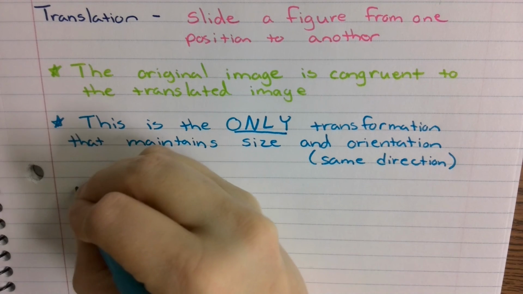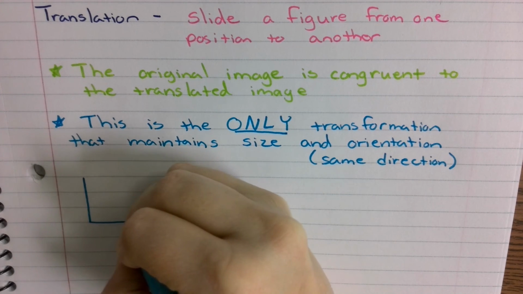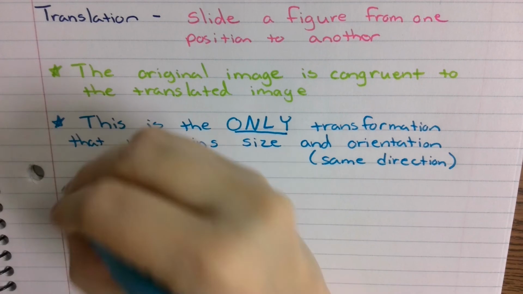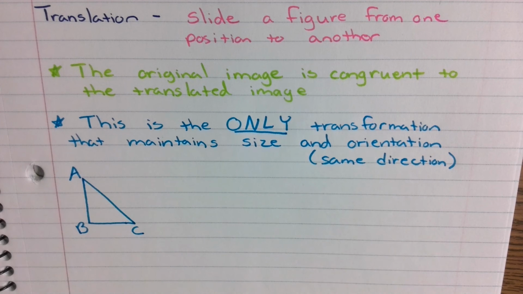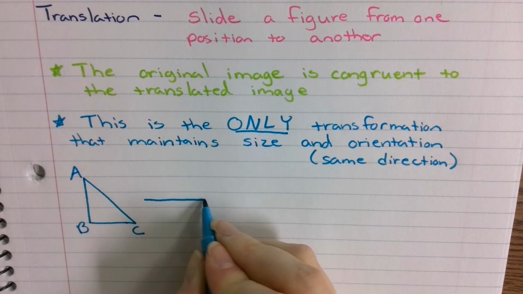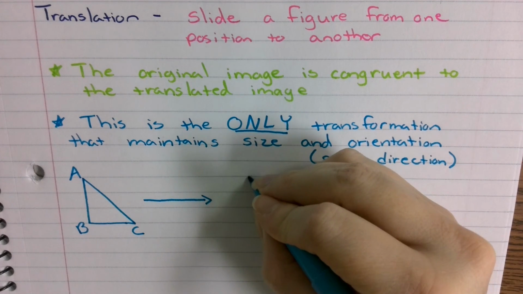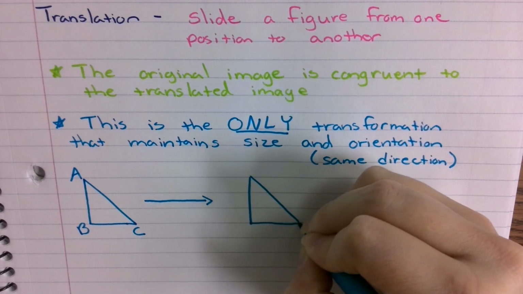So, here's an example. If I take the following shape, and I'm going to label it A, B, and C. And now I want to translate it. So I want to go ahead and move it to the right. Well, when I move it to the right, again, everything about that shape is going to stay the same.